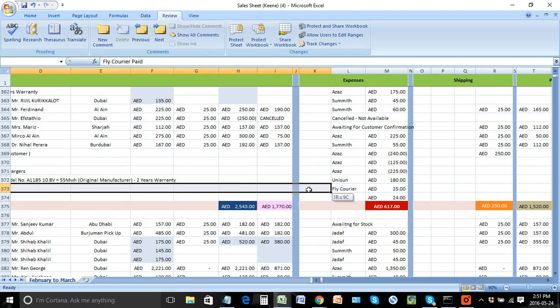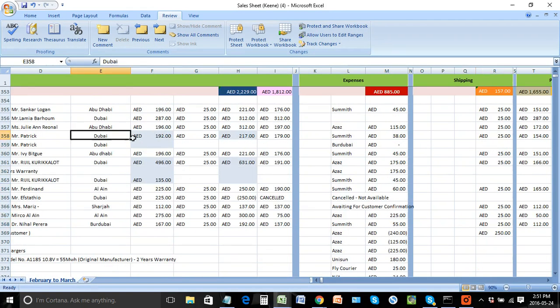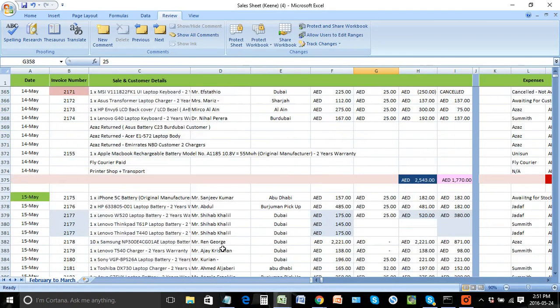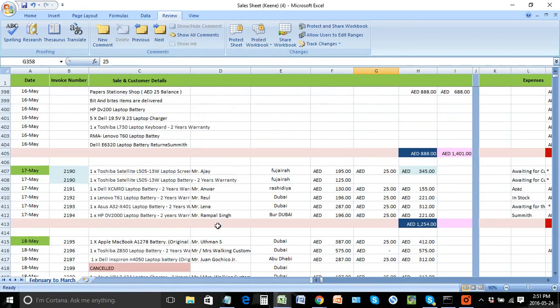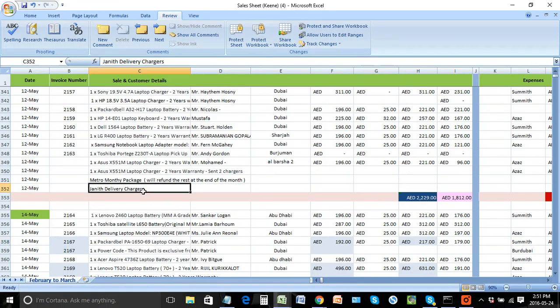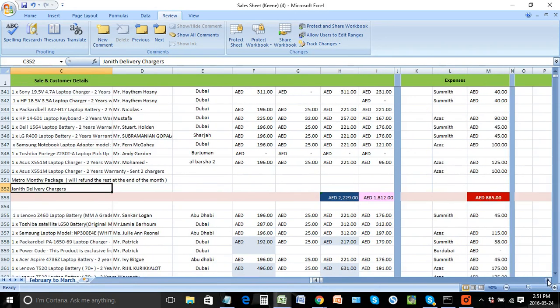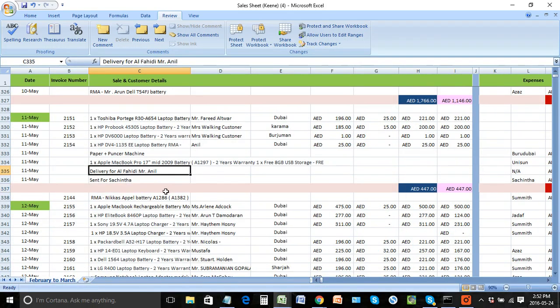Why do we have a separate courier charge when each and every order already has a courier charge? For example, I have seen a Janit courier charge. Janit, if you're watching this, it doesn't make any sense. Janit delivery charge. How can we put another delivery charge in the expenses section?